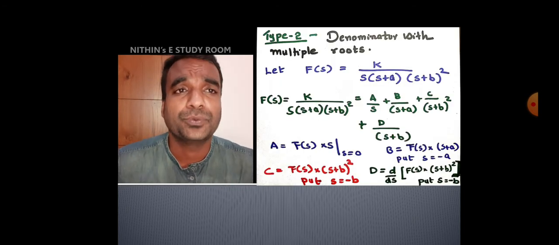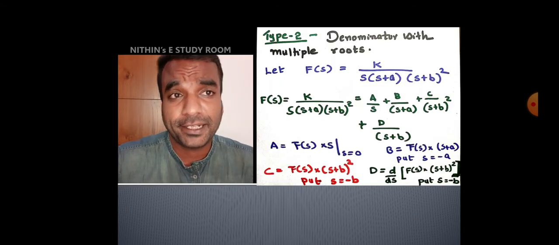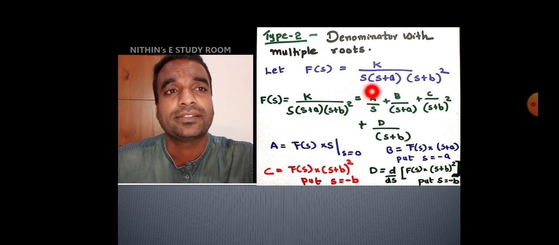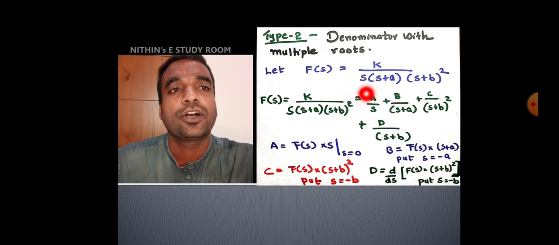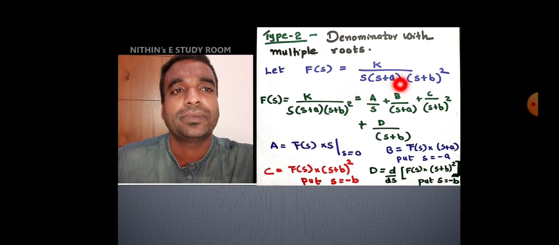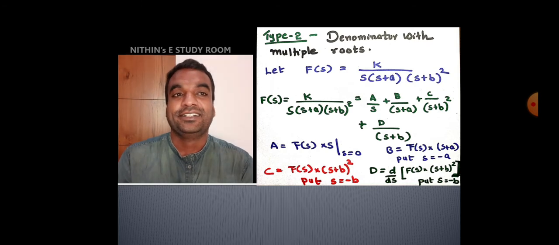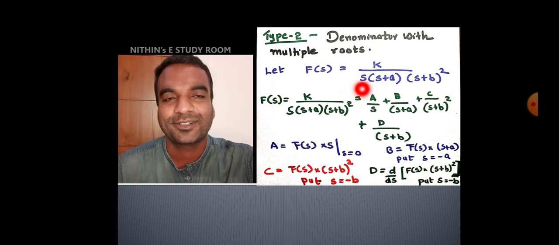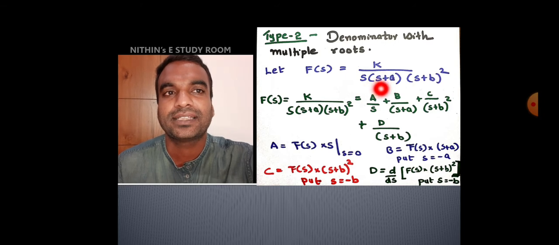Now it is type 2: denominator with multiple roots. Here we can say this is a function in the frequency domain. Its denominator has s(s+a)(s+b) whole square. For the first term, the root is s = 0. For the second term, s + a = 0, so s = -a.